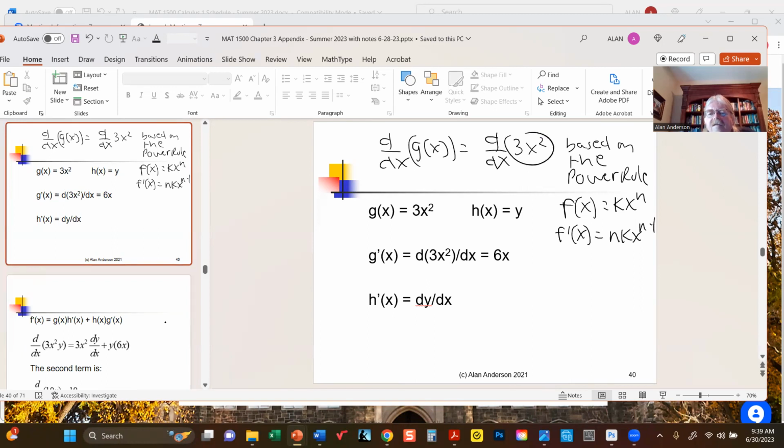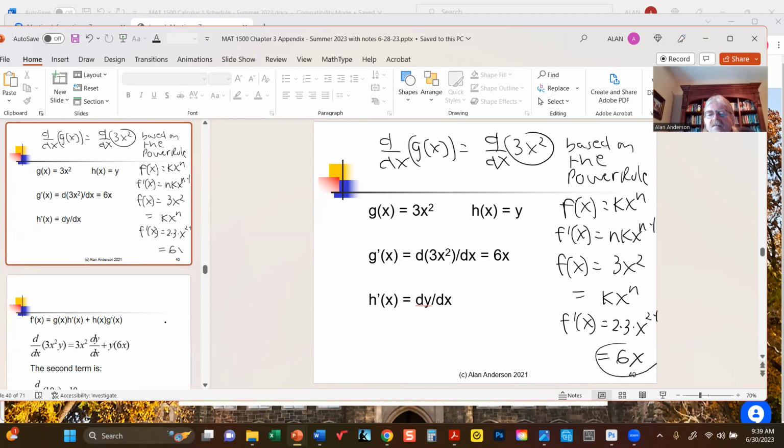Then here we have two times 3 times x to the 2 minus 1, which is just 6x. That's the easy one. What do we do with this one? Wait a minute. It's just y. So we're going to write h prime of x simply as dy dx.